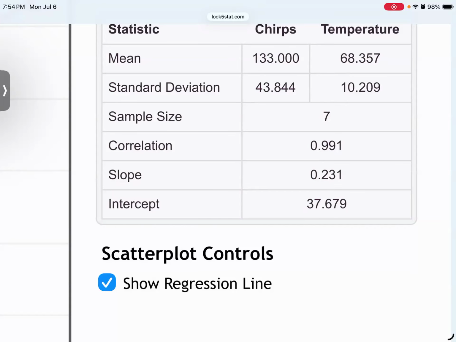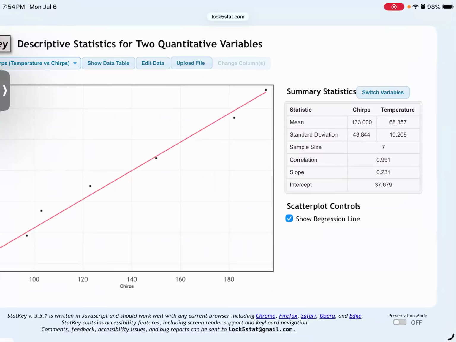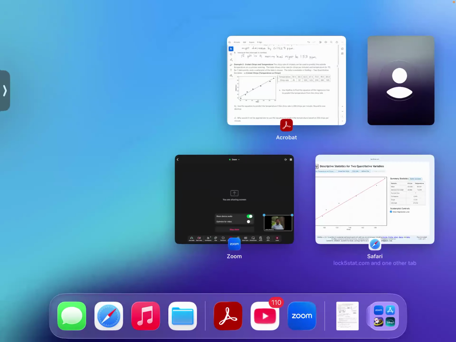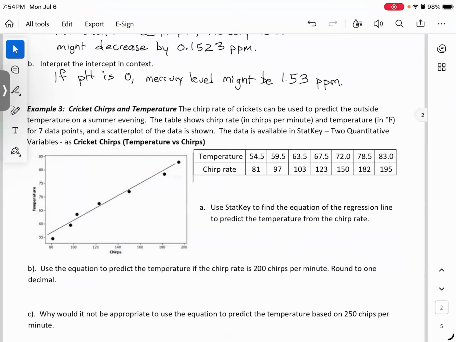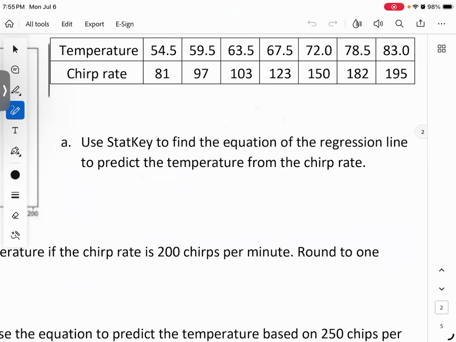So we're going to take both of those and we're going to hop right back over to the lecture. And we're going to say, thank you, StatKey, for finding those for us. And so our little equation would be: temperature is what we're trying to predict. If the crickets are not chirping, it could be because this is what the temperature is.